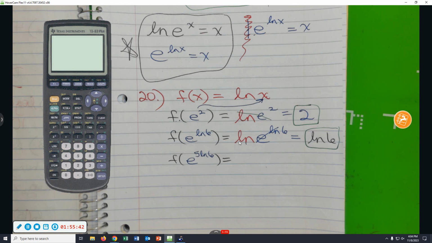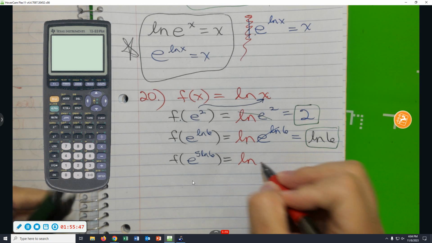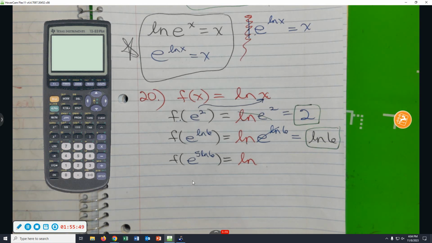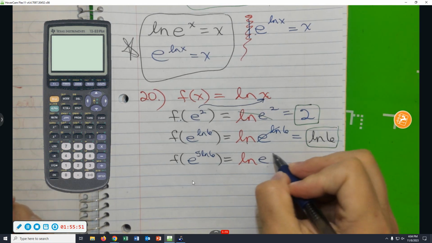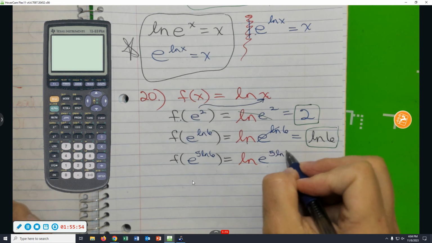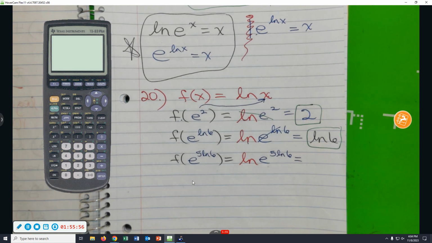Now, for the last one. On the last one, you don't have a choice on which to cancel. There's only one way you can mark out and cancel. The e and ln have to be side by side with nothing in between. Can I cancel the blue e with the blue ln? No, because there's a blue 5 in between them.